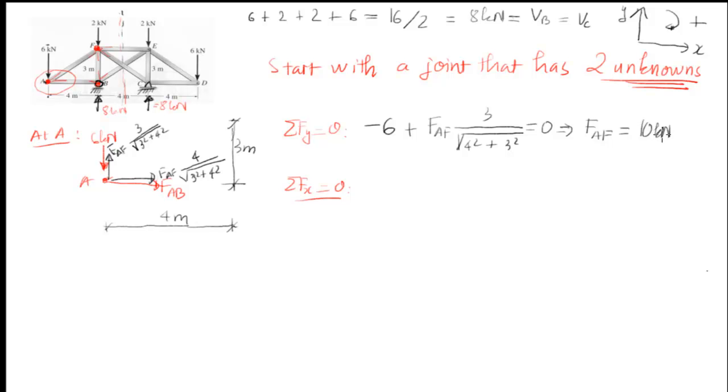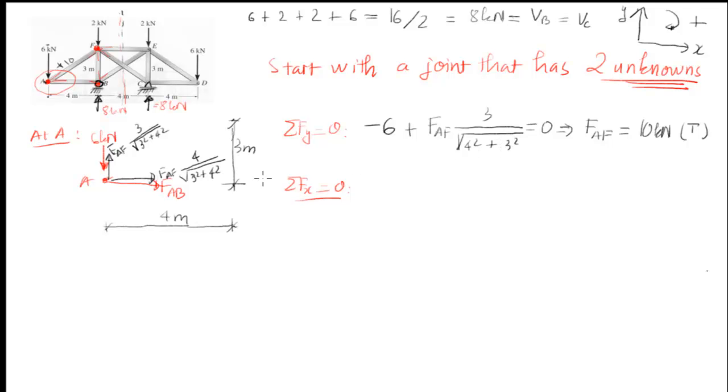This is a positive value, so 10 positive will be in tension. Anytime I get a value, I put it here, just the positive value, so I put positive 10 for AF.